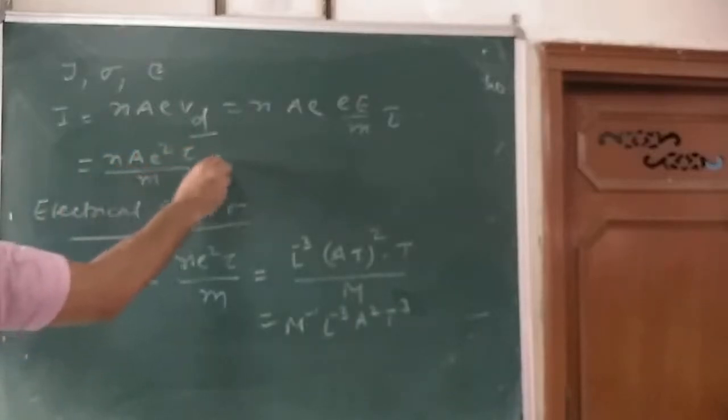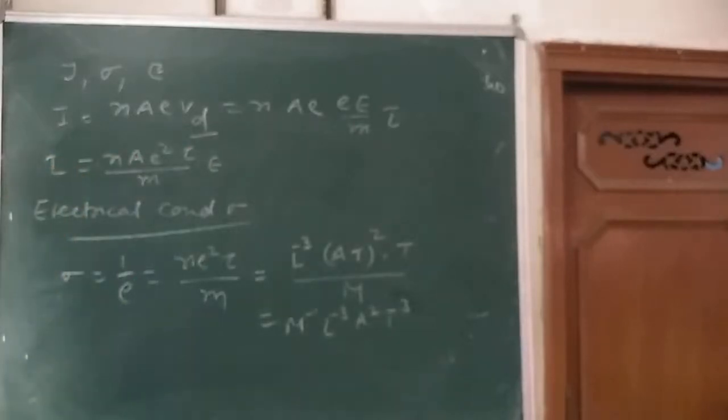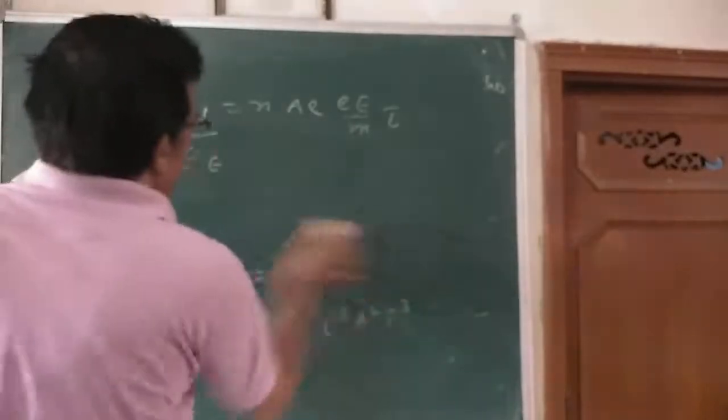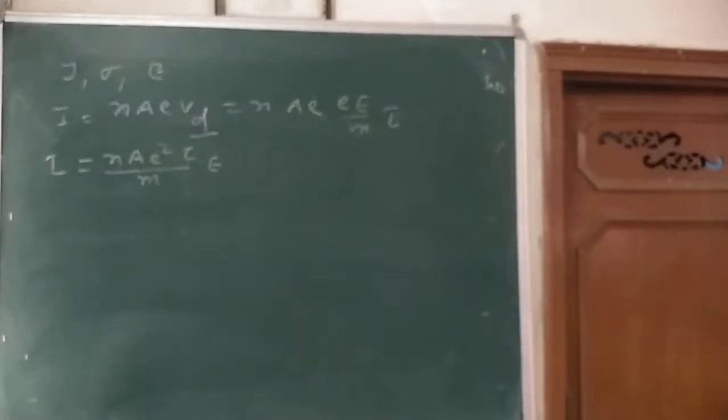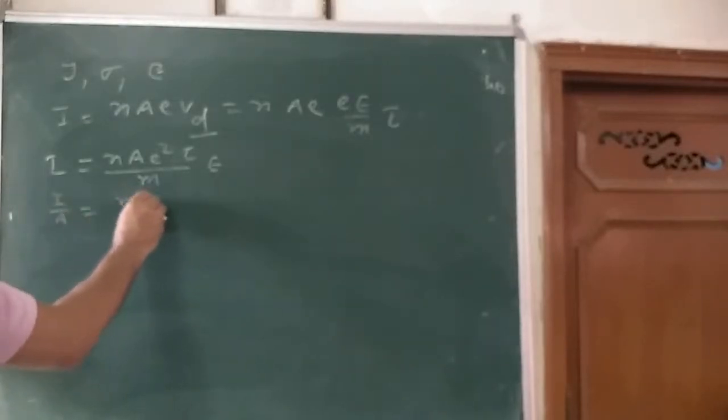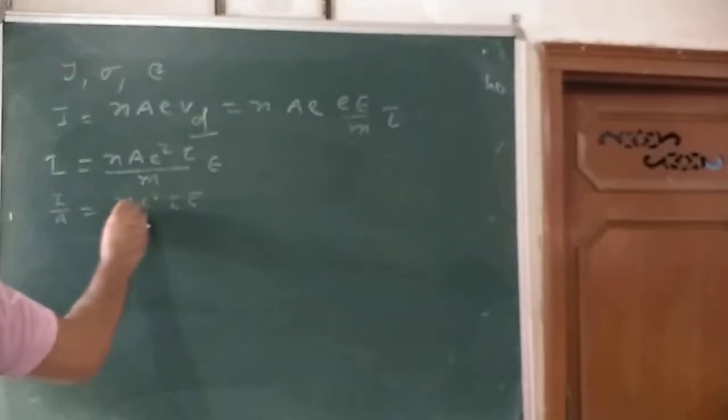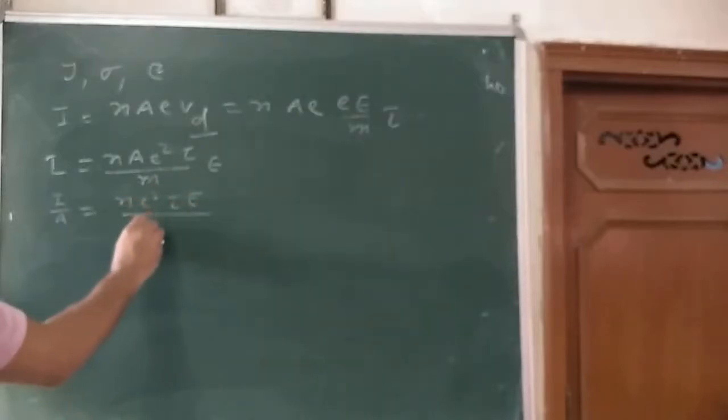This is I, so I by A came. So I by A is equal to n e square tau E divided by m.